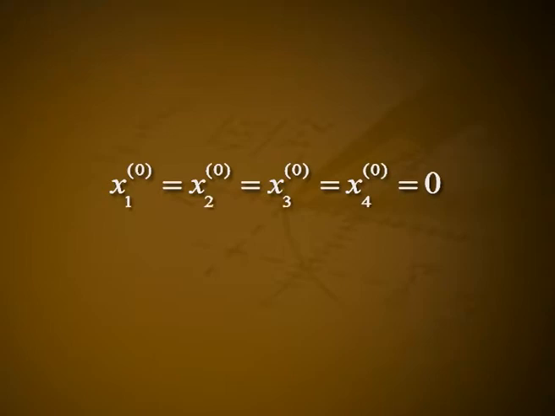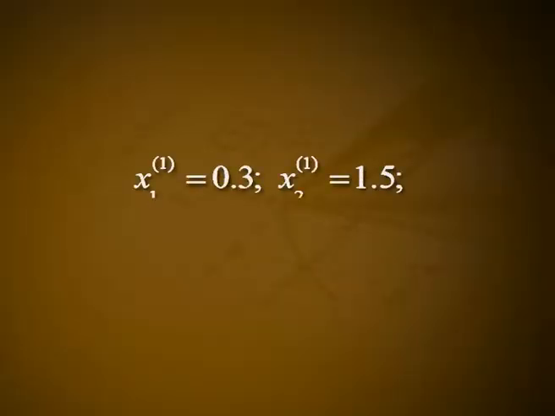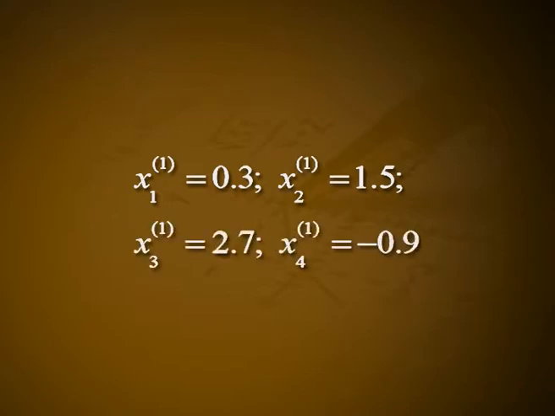To solve the equations by Jacobi iteration method, we start from an approximation x1 0, x2 0, x3 0, x4 0 all equal to 0. Then the first approximation is x1 1 equal to 0.3, x2 1 equal to 1.5, x3 1 equal to 2.7 and x4 1 equal to minus 0.9.